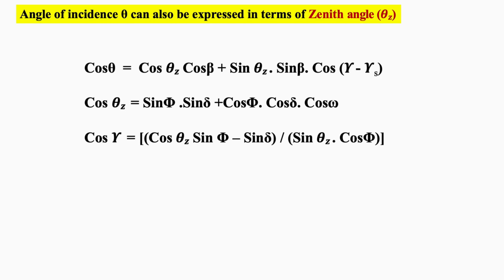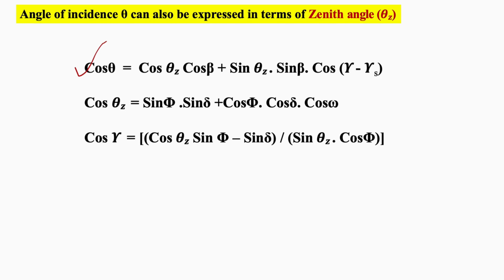The angle of incidence, that is theta, can be expressed in terms of the zenith angle. We have already seen that if the surface is horizontal, then the angle of incidence is the zenith angle, but for the audience it is again reproduced.